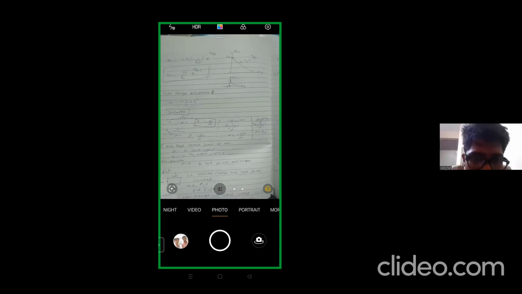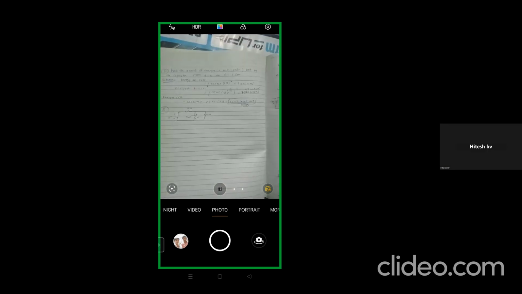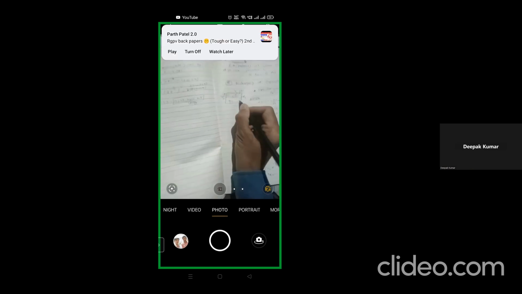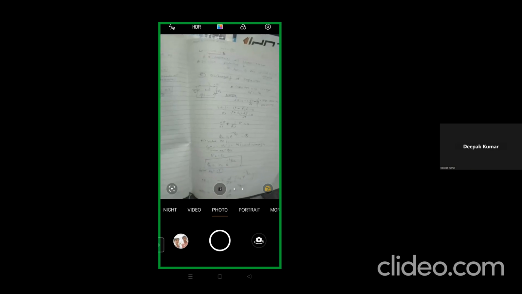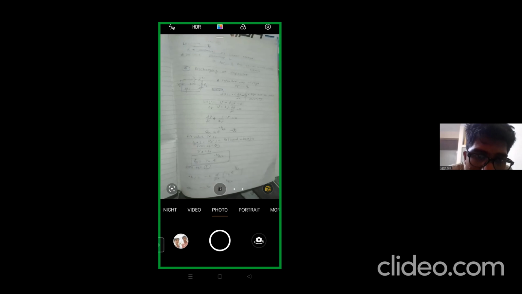What is the circuit? I guess this circuit is independent of resistance, any internal resistance. No. Here is a capacitor and resistor. It's not clearly visible actually.